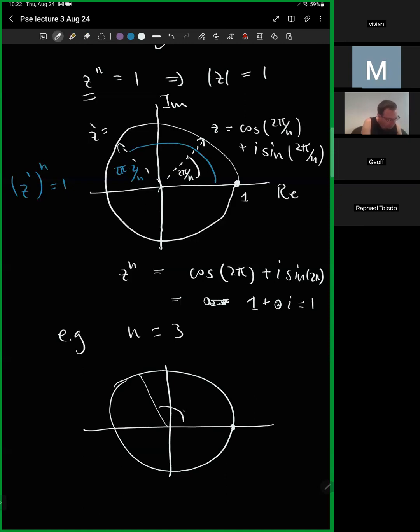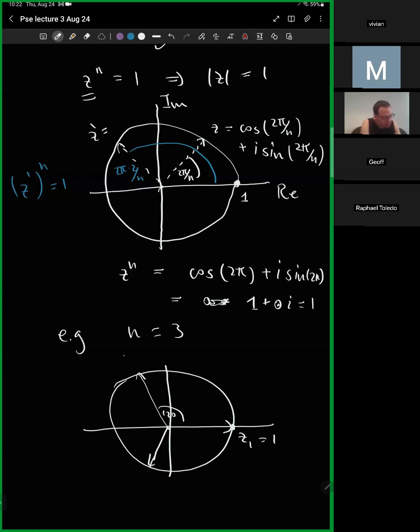Of course, 120 degrees, I guess it would be something like this. My drawing skills are not that good, as you can see, but the important thing is that you divide the circle into three equal parts. Then Z1 is simply equal to 1.